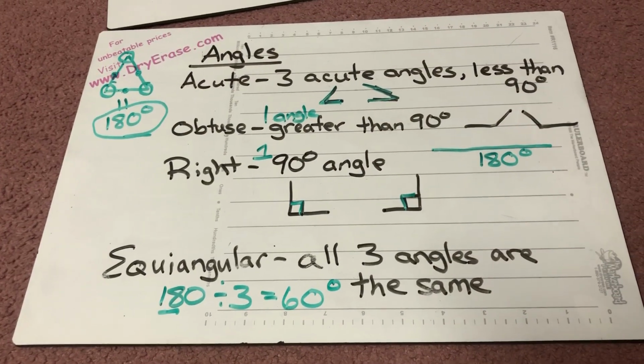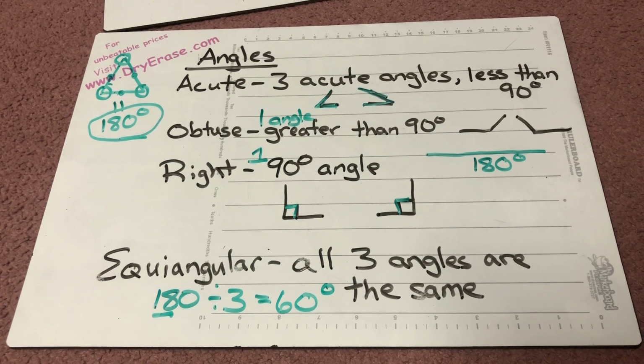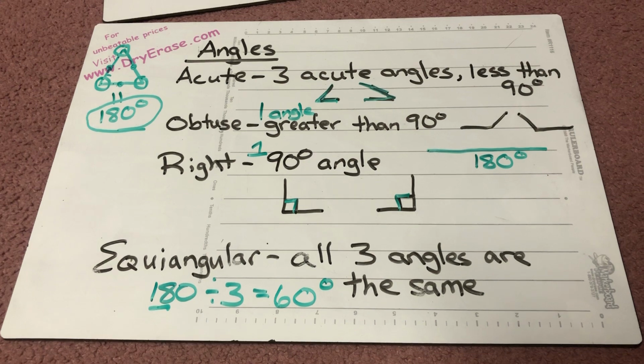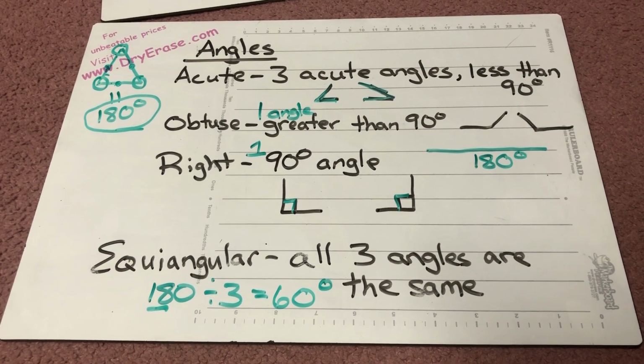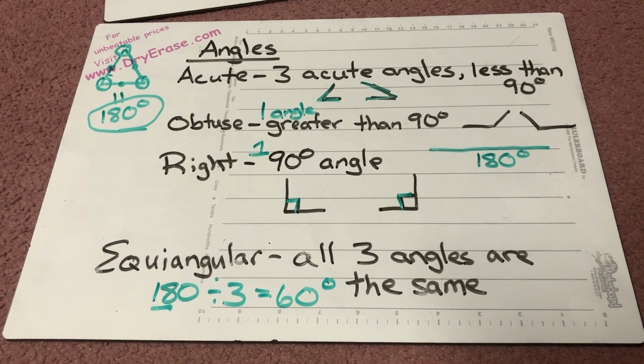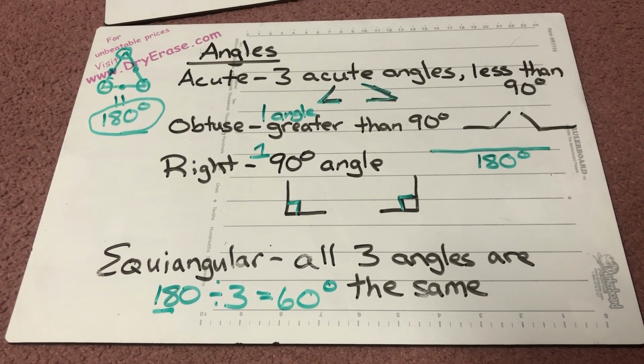So I suggest maybe you just take a screenshot of this and have that to refer to. You'll get this in your notes in class the day we do this lesson, but I would take a screenshot, write this down, and have this about classifying triangles by their angles.